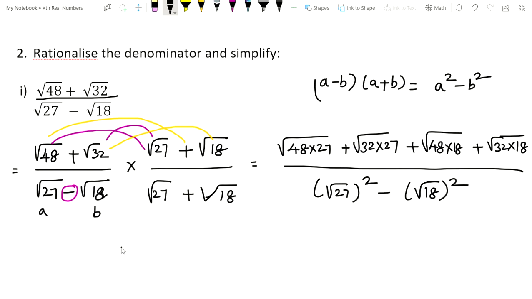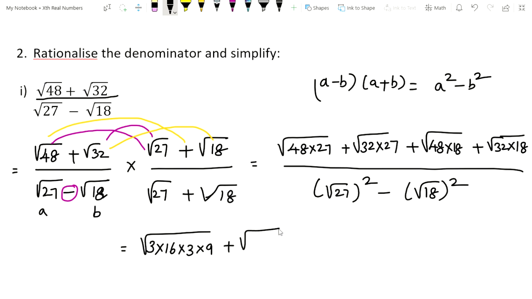Now you split this. Root of 48, how can you split this? 3 into 16 into 27, 3 9s are 27.